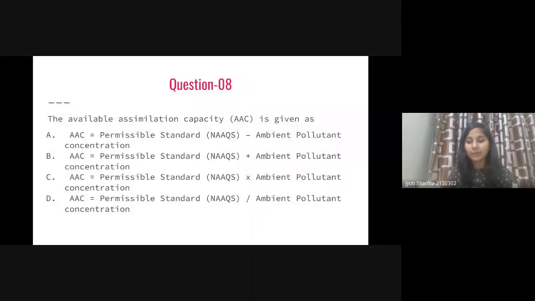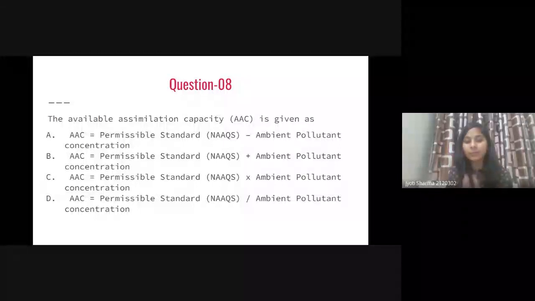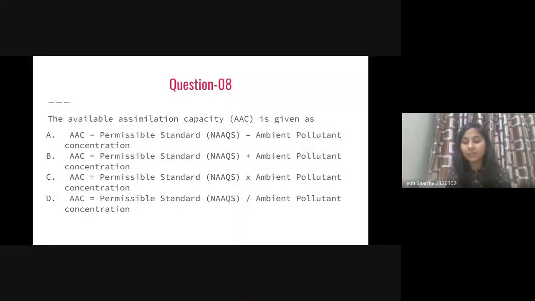Okay, for example, if this is sulfur dioxide, then in the residential area, this should not go more than 50 microgram per meter cube. And if it is going up to that, it means it will give you some adverse effect. Means, for example, your permissible standard is giving the sulfur value as 50. Okay, but right now your ambient pollutant concentration for sulfur dioxide is 60.